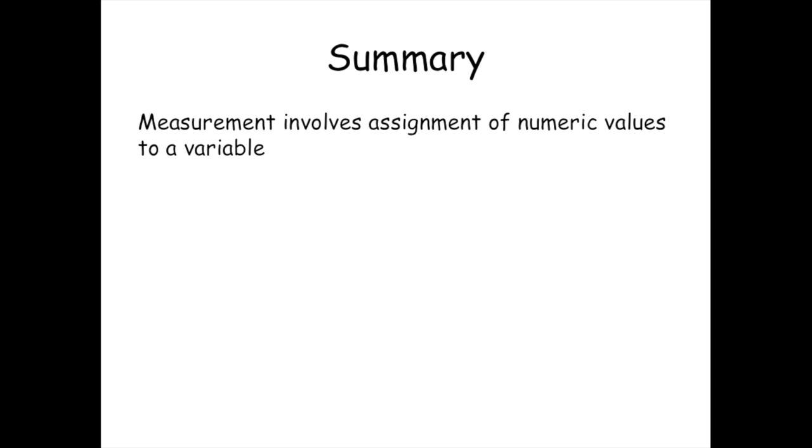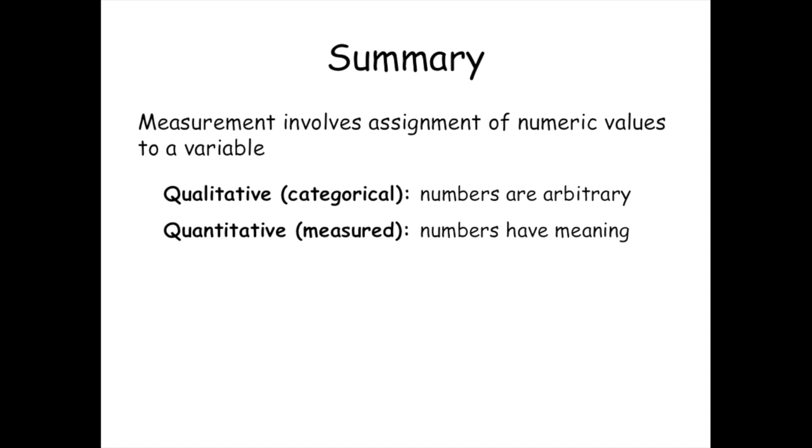To summarize, measurement simply means assigning numeric values to a variable. The 2 main types of data are qualitative, or categorical, and quantitative, or measured. For qualitative data, the numbers assigned are arbitrary, whereas the numbers assigned to quantitative data reflect an amount of the characteristic being measured.